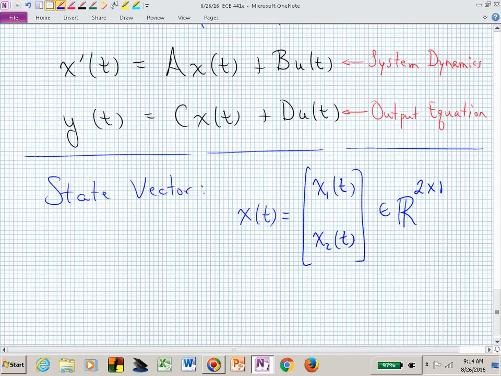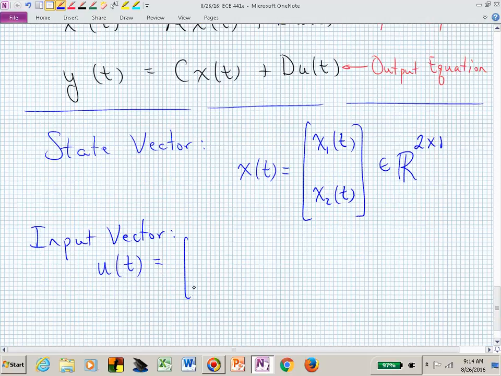What's the vector u of t? Again, it's a tall vector, but in this case, it's a vector that you're going to go, what? It's a scalar. It's a 1 by 1 vector, but it has 1 row and 1 column.